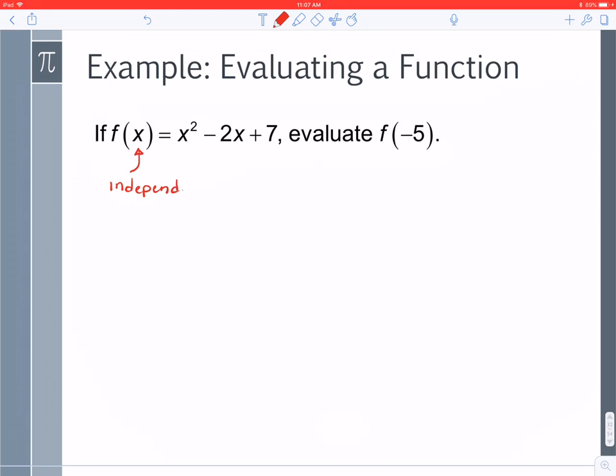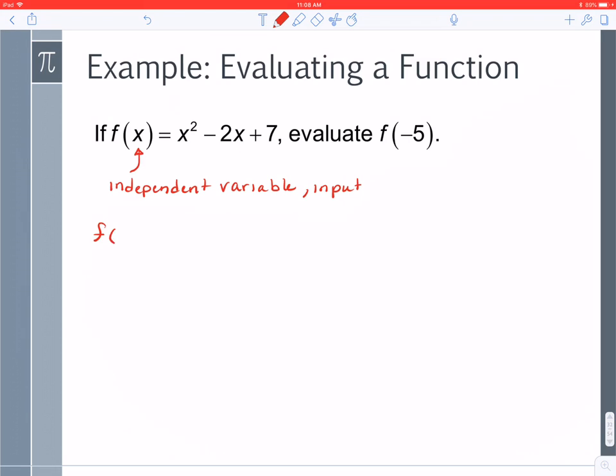It is our input. So when we're going to evaluate this function at -5, then we're going to replace the independent variable, the input x, with -5. So we find the value of the function at x equals -5 by substitution.